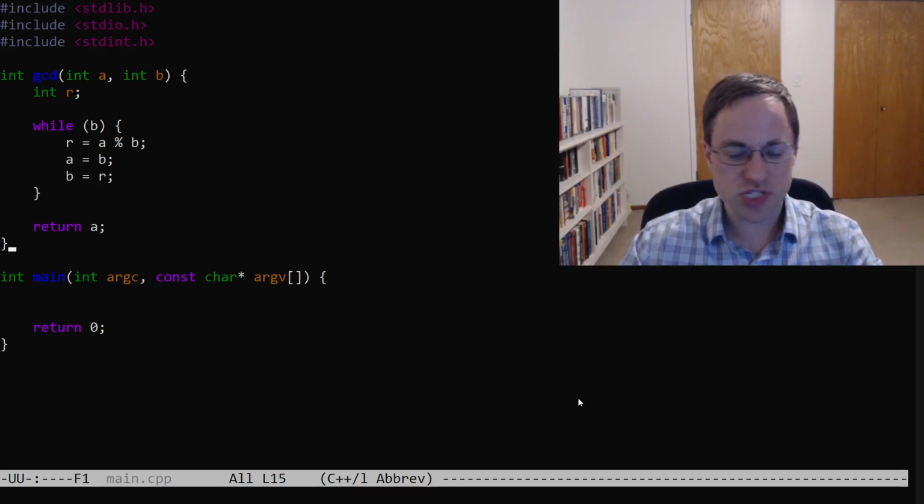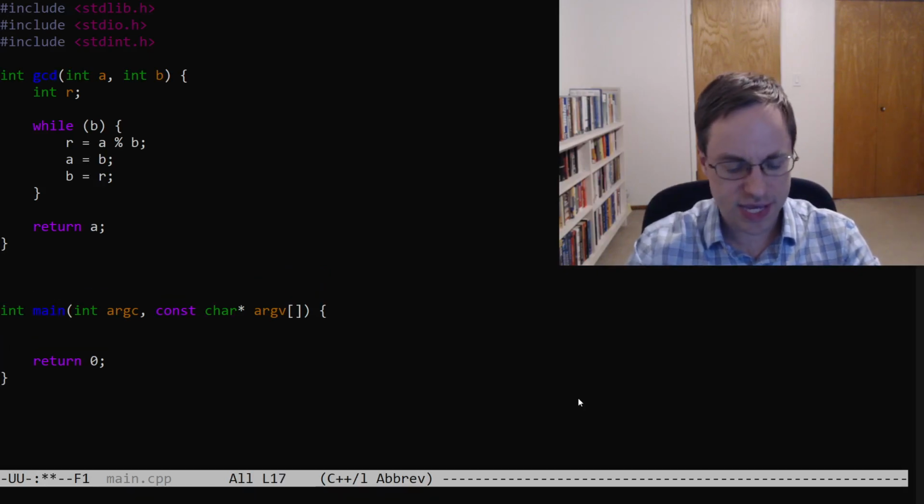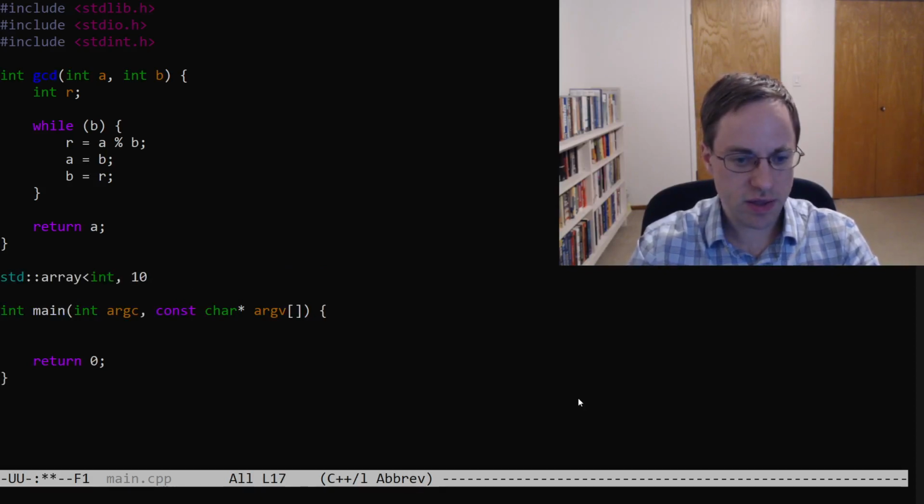And we could use just a standard C-style array to do this, but these days I kind of like using the C++ style. So this is just going to be an array of 1001 integers.